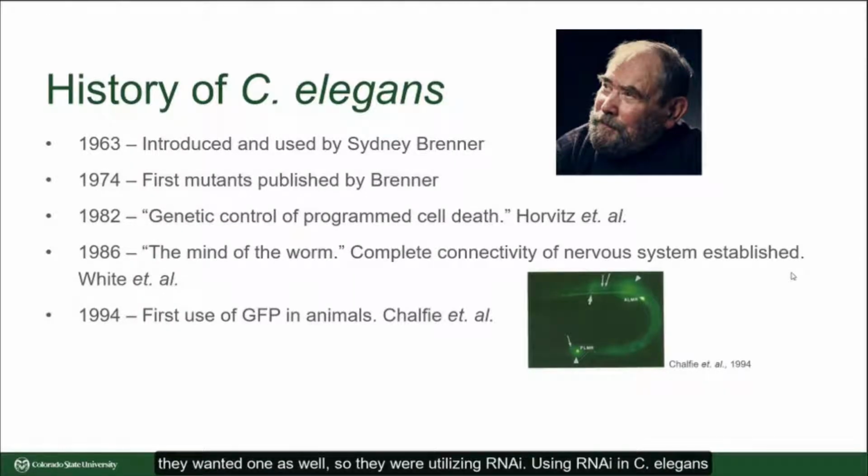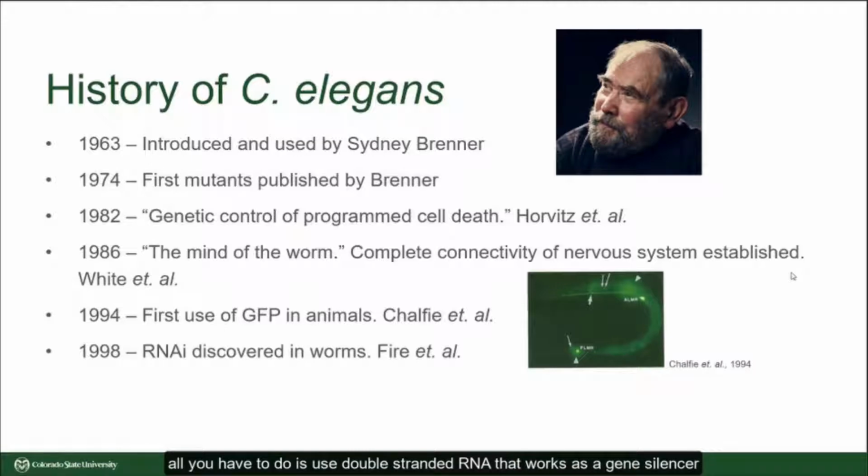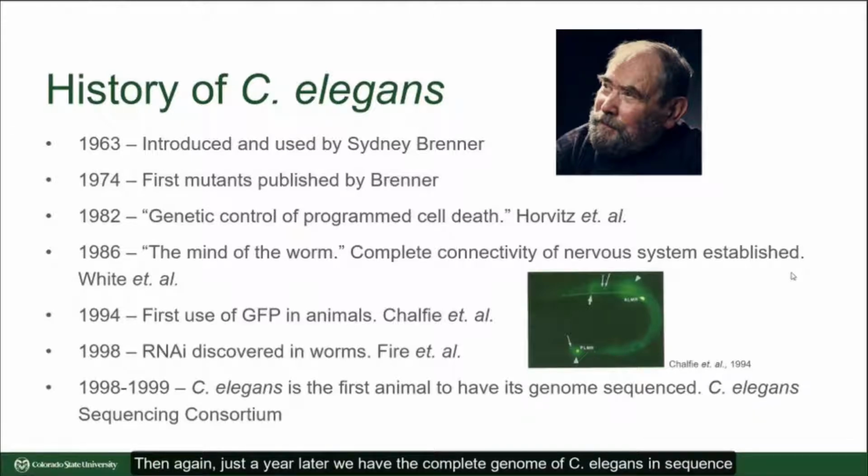They were utilizing RNAi, and using RNAi in C. elegans is extremely easy. All you have to do is feed them double-stranded RNA that works as gene silencing. And then just a year later, we have the complete genome of C. elegans sequenced. C. elegans was in fact the first animal to have its entire genome completely sequenced.